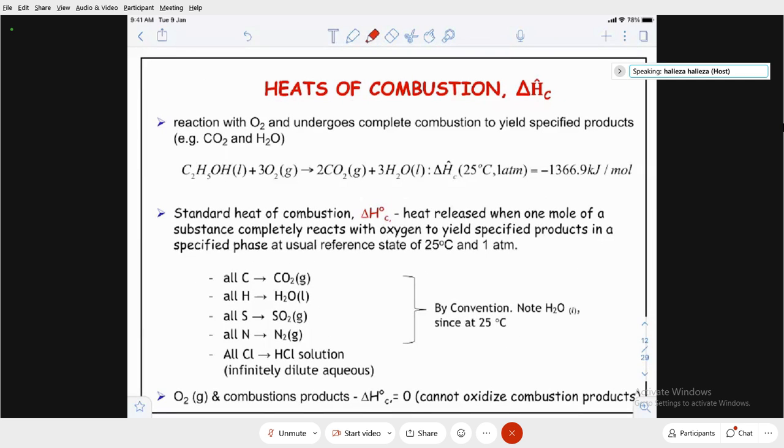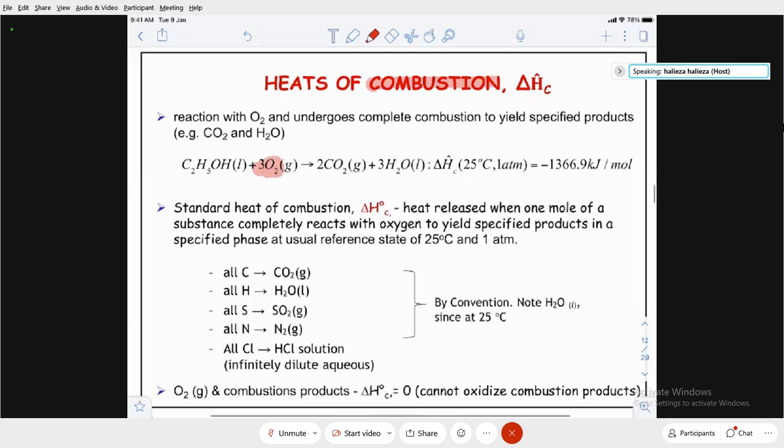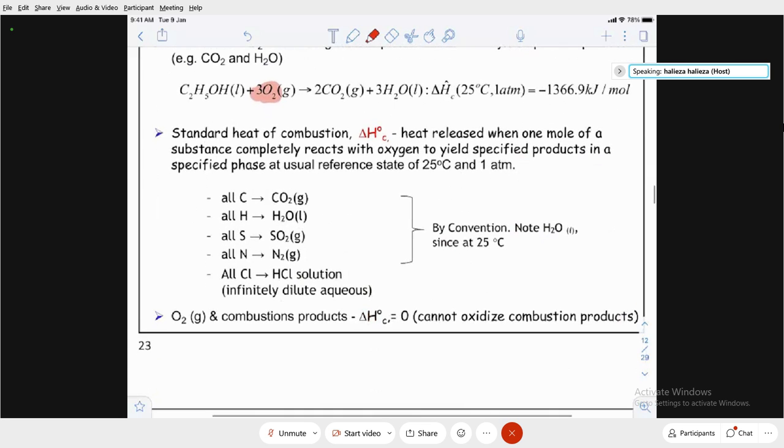This combustion, as it is implied, means that you're going to burn it with oxygen, and you will form the usual products, which are carbon dioxide gas and liquid water. If there is sulfur in your fuel, then you're going to form sulfur dioxide.